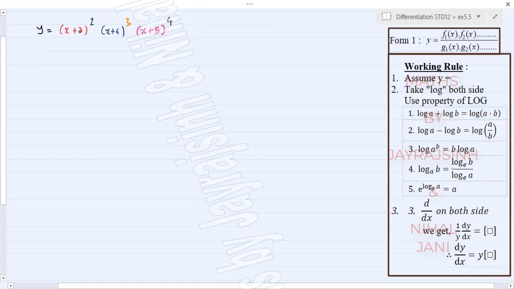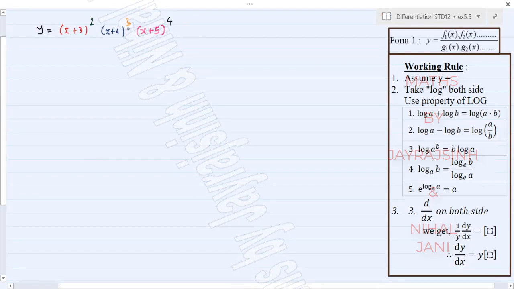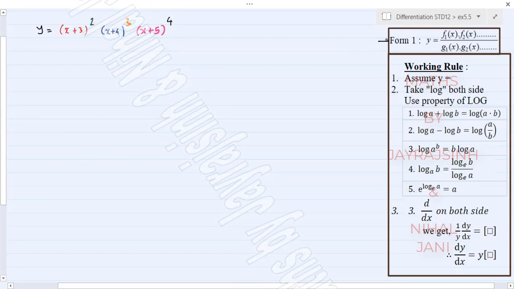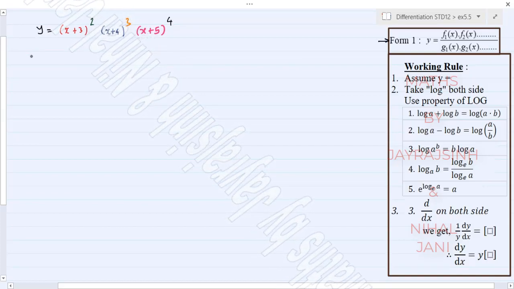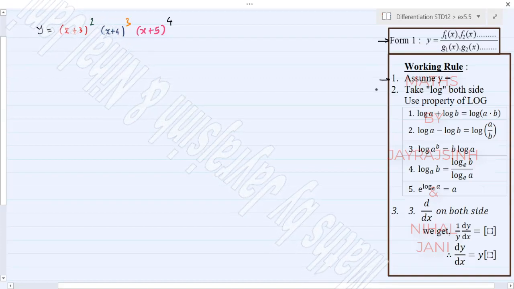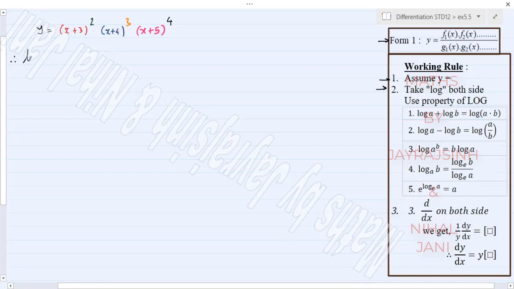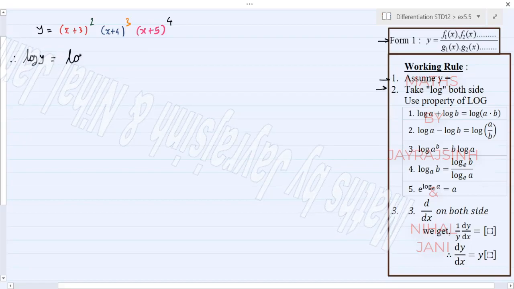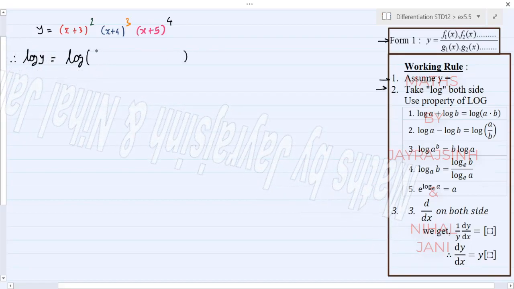Here we have y is equal to x plus 3 whole square, x plus 4 whole cube, and x plus 5 raised to 4. So our question is in form 1. We already have y is equal to our function. So let's take log. We'll get log y is equal to log of our whole function.